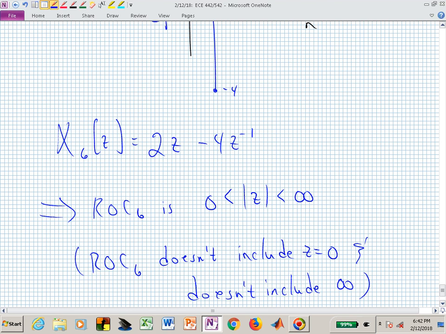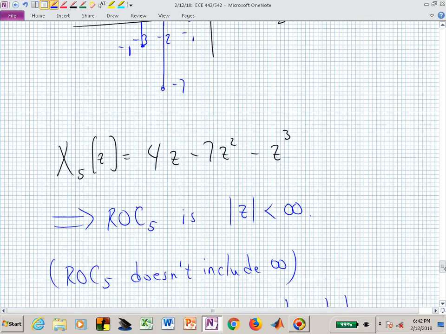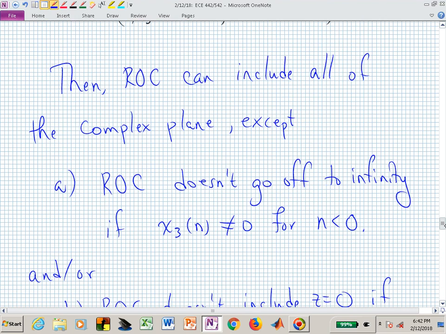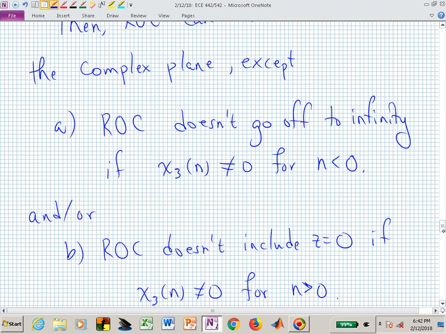And now, hopefully, with those examples, you can go back and clean up the verbiage from before, when we were talking about a sequence being non-zero for particular values of n, and it depends on whether they're right-sided or if they have some signal in the negative index or in the positive index or in both. But that's now our region of convergence, big picture.